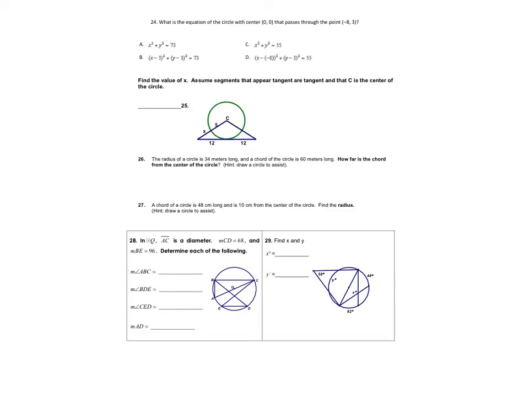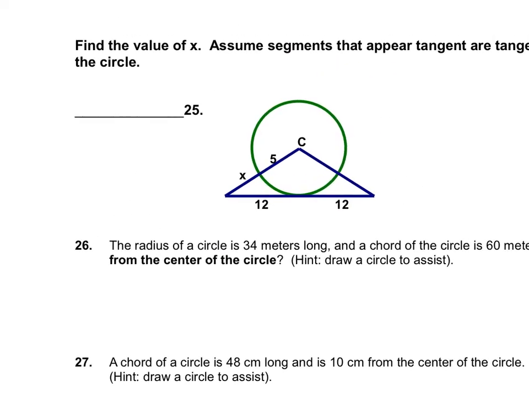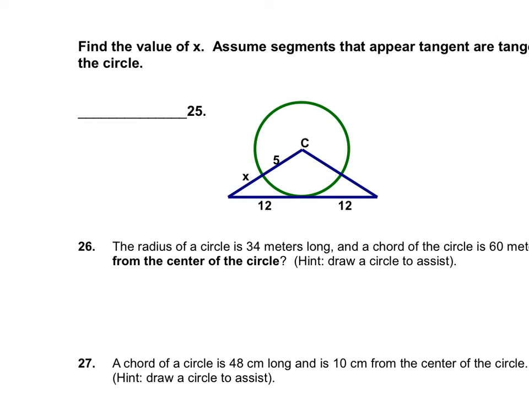Now, our next test-like problem is definitely 25, which I want to address. On the review, the ones I have circled are your test-like problems. The key to this is recognizing you have a tangent. Because segments that appear tangent are tangent, you needed to know that this was a tangent.